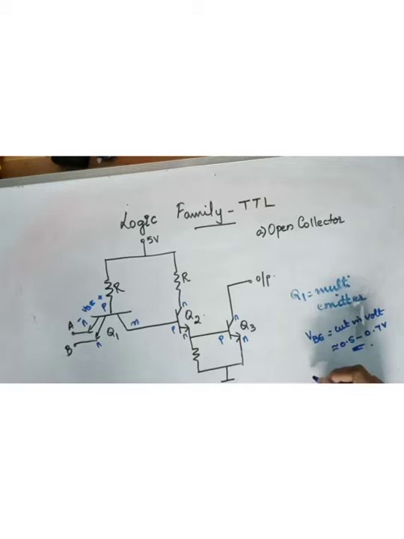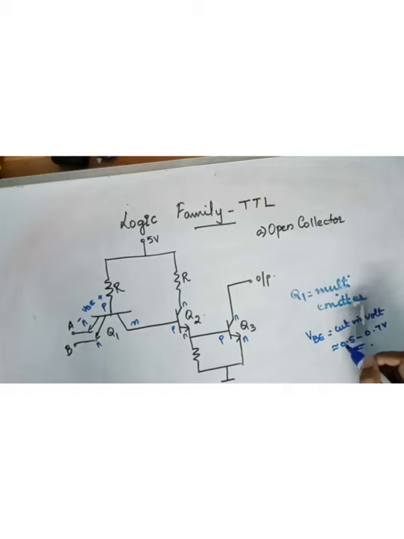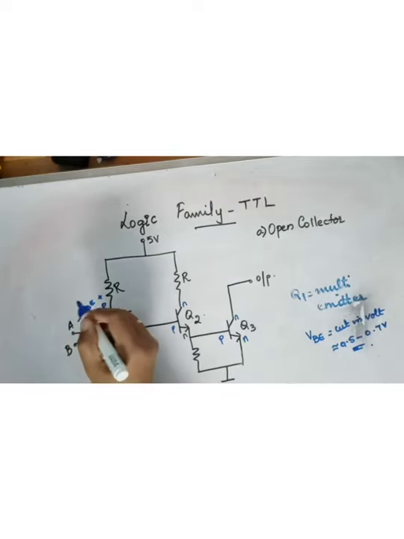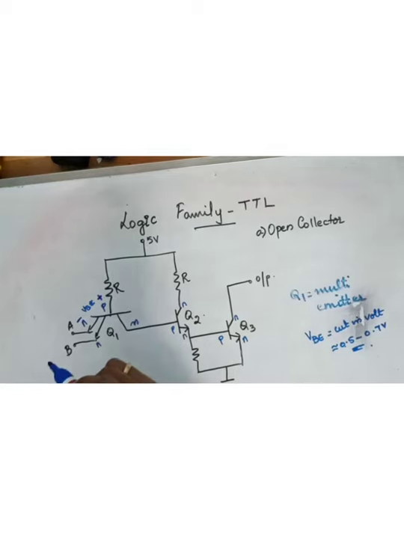And for this transistor to be on, the base emitter voltage, that is, it is plus 0.5 to plus 0.7 volt, that range. So you can see that I've put a positive sign here and a negative sign here.